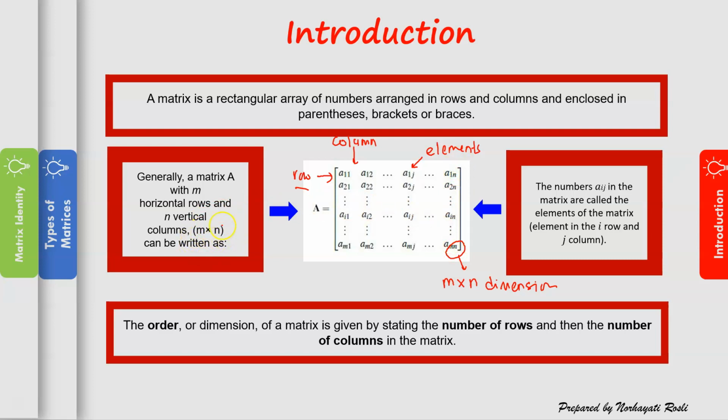So this one is the dimension of the matrix. And here a_ij in this matrix we call the element at the i-th row and j-th column. The order or dimension of a matrix is given by the number of rows times the number of columns, which here is m times n.